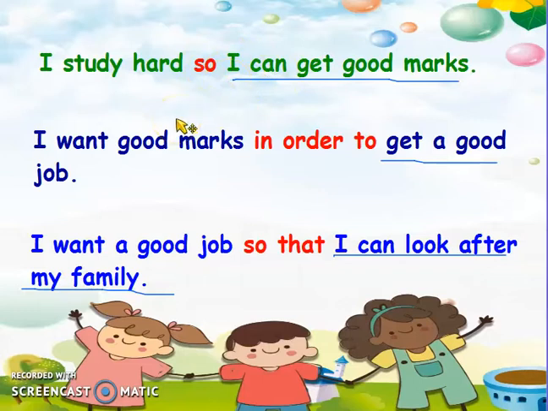For example, number 1. Why do you study hard? Excellent. Because I want to get good marks. Very good. Number 2. Why should you get good marks? Excellent. To get a good job.